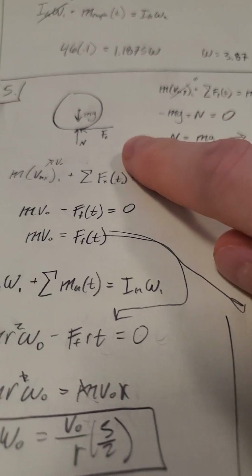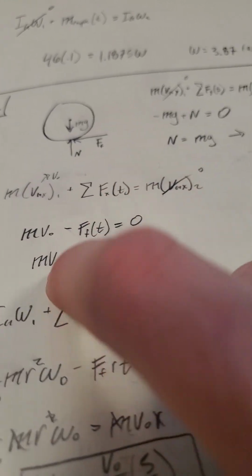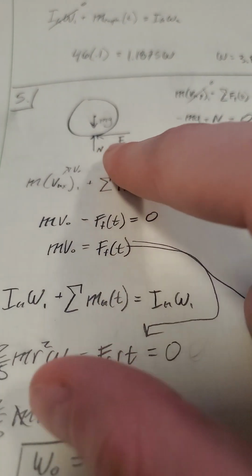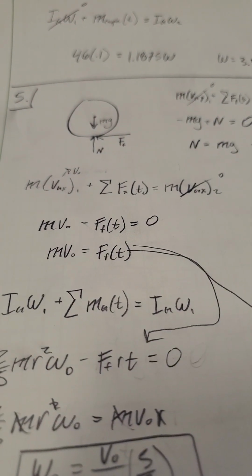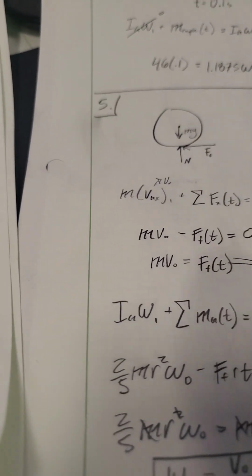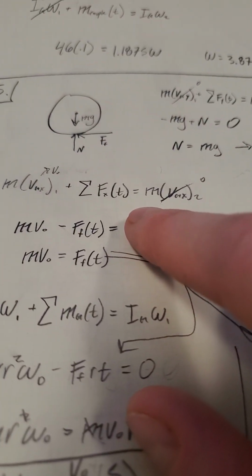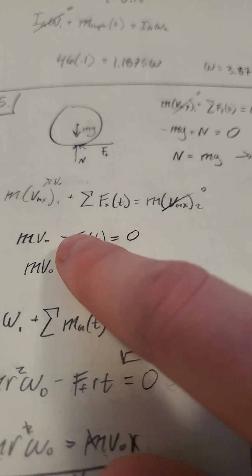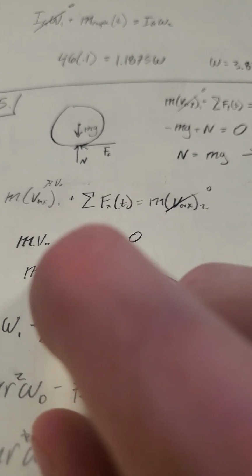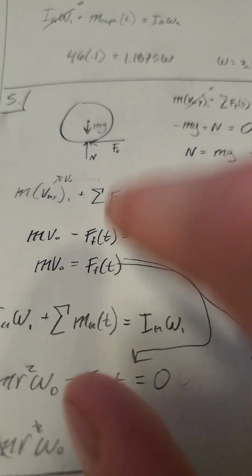And then for this one, we do it in the x direction as well, because we know that there's only the force friction acting on it as far as external forces in the x direction. So we can actually just plug everything in.